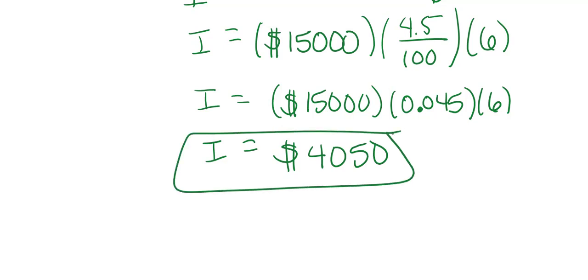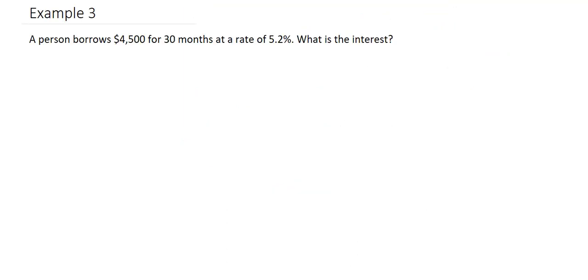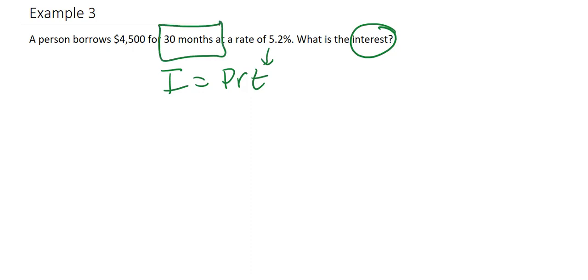Now, let's go ahead and look at the third example. So example 3, a person borrows $4,500 for 30 months at a rate of 5.2%. So what is the interest? Now, remember that when we look for interest, right, we're always looking at time in terms of years. Notice now in this one, we have 30 months. So what's a year, right?